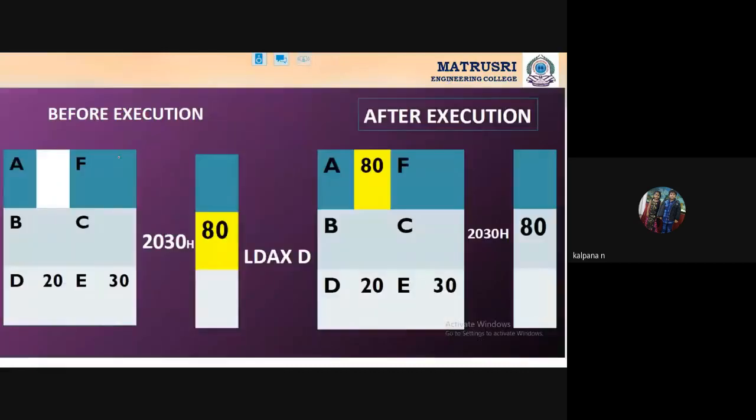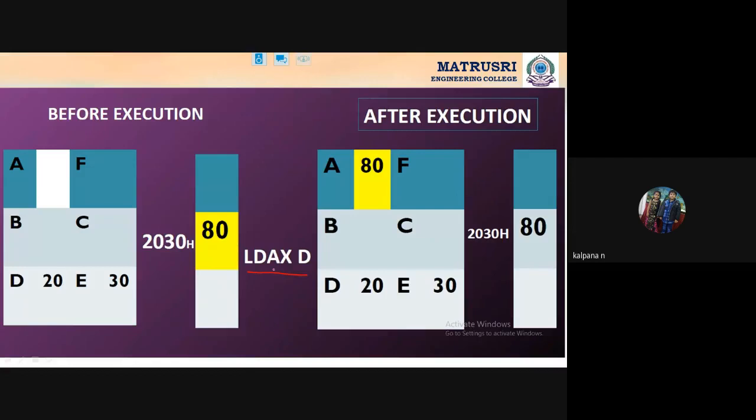So see here the instruction is LDAXD. What is the other register in the D pair? E. BC is one pair, DE is one pair, HL is another pair.